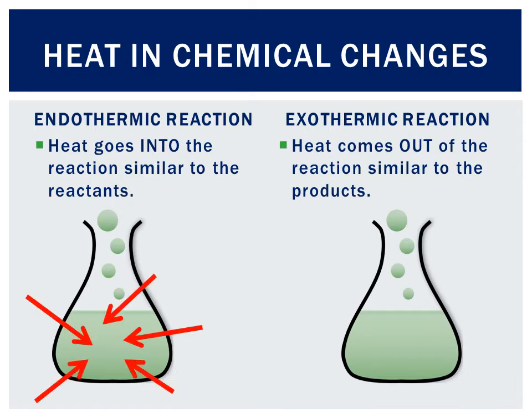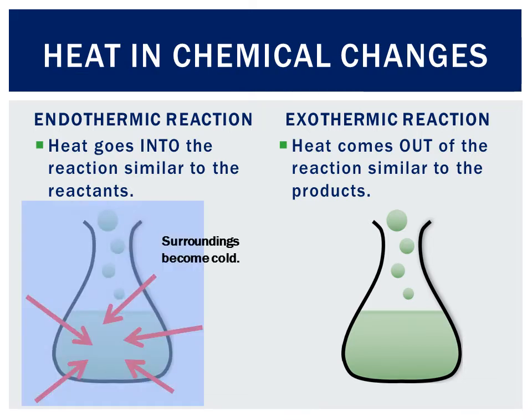In an endothermic reaction, the heat goes in. It has to come from somewhere, so the surroundings become cold. So for the next couple of days we're going to do some experiments with this, and you'll be able to feel that an endothermic reaction is occurring because it's pulling the heat from the surroundings, and you'll feel the cold actually on the outside of the beaker or the test tube or flask or whatever.